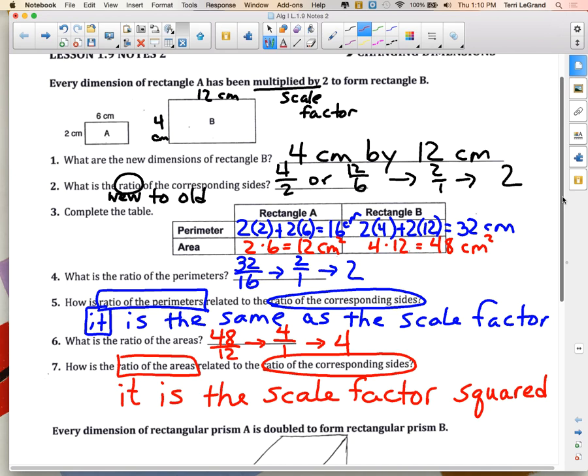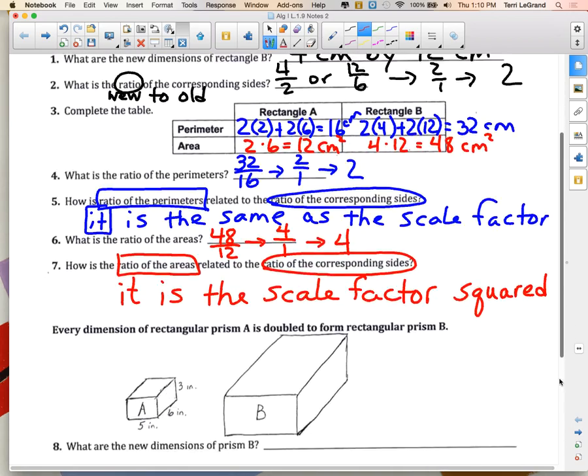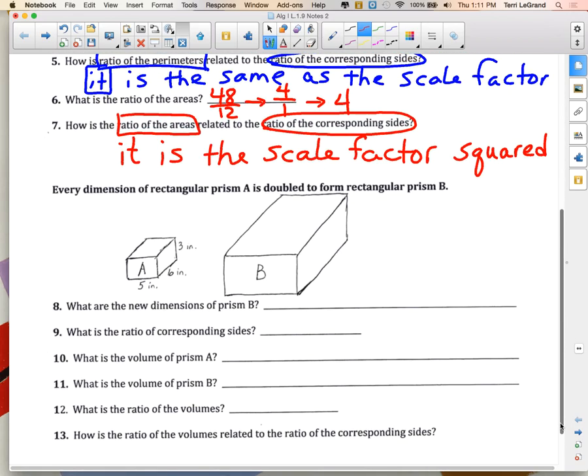Not just 2 of them, but 4 of them. Because we ended up doubling the sides. So really, remember over here, this is 2 times 2. Over here, this is really 2 times 6. So instead of 2 times 6 for the area, we also have a 2 times 2. So we got the area 4 times bigger. The perimeter got twice as long, because that's what it does to perimeter. To area, it got the scale factor squared.